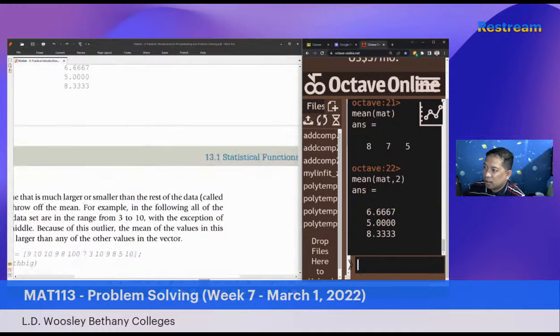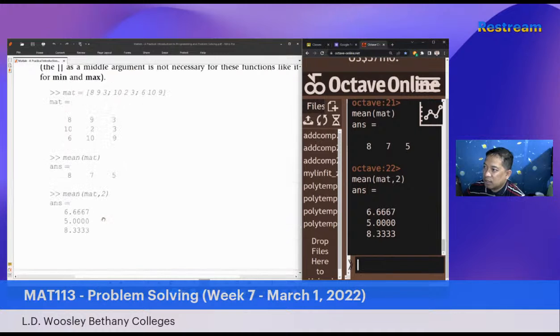Let's look somewhere here. So this is more on the second column, I think. So second column. Tingnan natin. Sandali guys. Laruin ko lang ito ng konti.